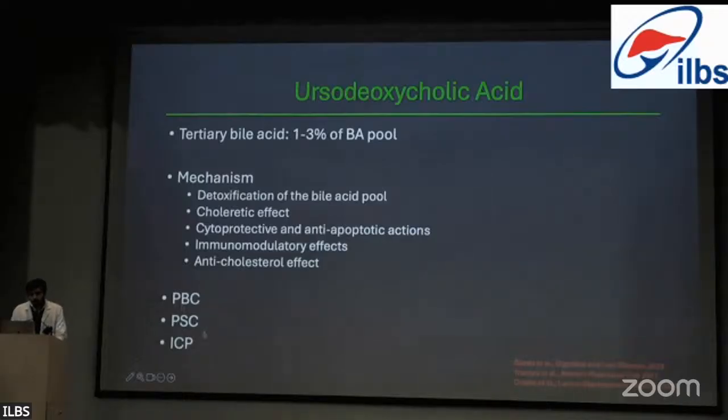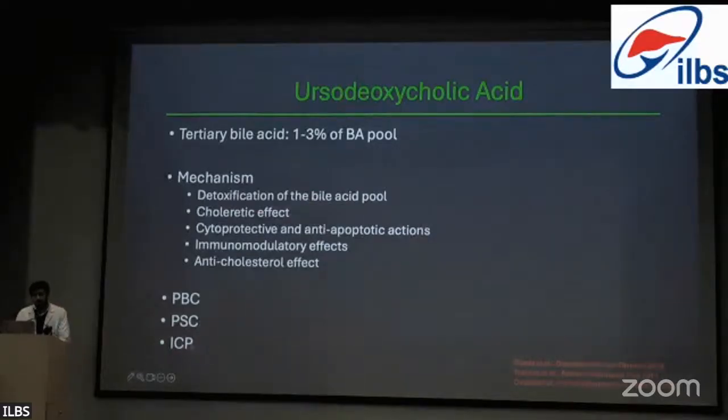When you talk about PSC, there is not a lot of benefit, at least in terms of long-term patient outcomes. UDCA does improve the enzymes and can reduce ALP, but no studies have shown that it improves survival, improves the histology, or prevents cholangiocarcinoma. A recent study evaluated high-dose UDCA, which actually found an increased mortality.